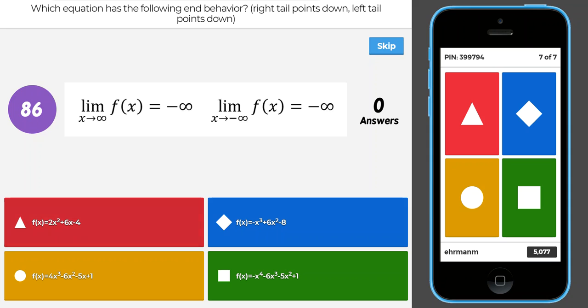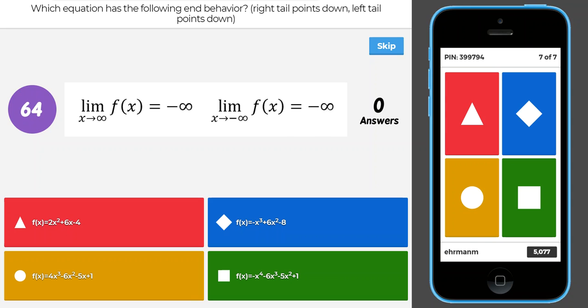Well, the only way we can get a right tail pointing down is if we have a negative leading coefficient. So it looks like blue diamond and green square are 2 choices that might work. Now, the left side tail, as x approaches negative infinity, is also approaching negative infinity. So that means it's pointing down as well.